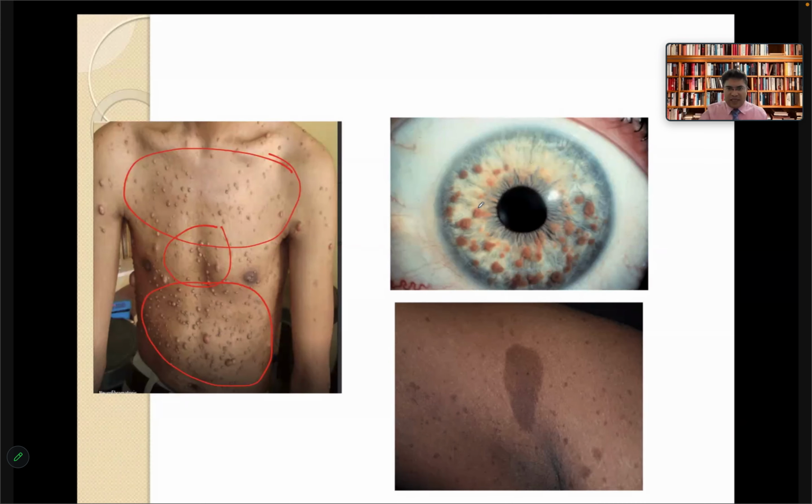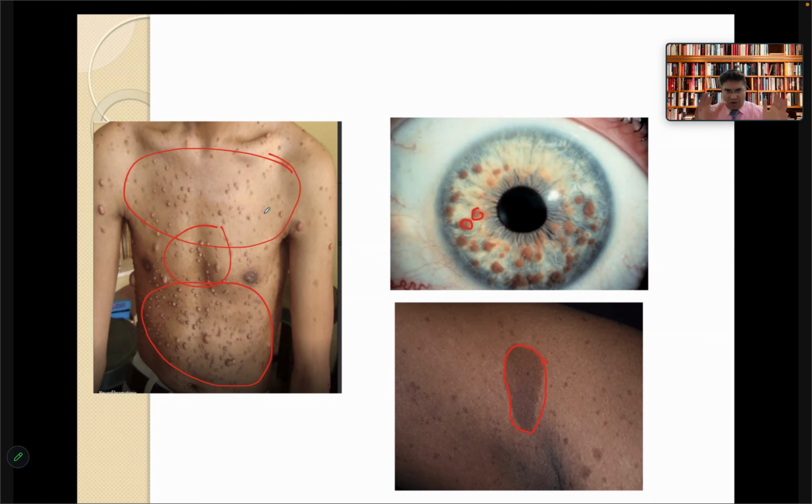And in the eye, you see these brownish round bodies. So these are called as Lisch nodules. These are Lisch nodules. And this one is a hyperpigmented macule, also called as cafe au lait macule. So we discussed this in detail at the time of lecture. What is cafe au lait macule?